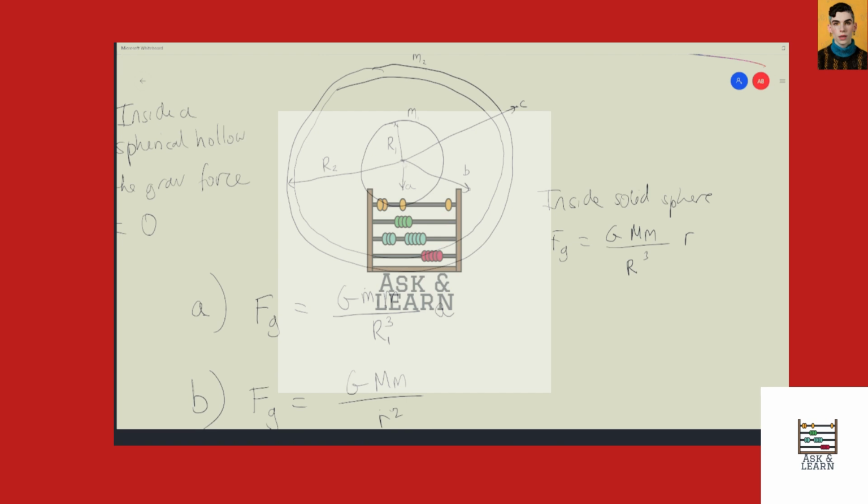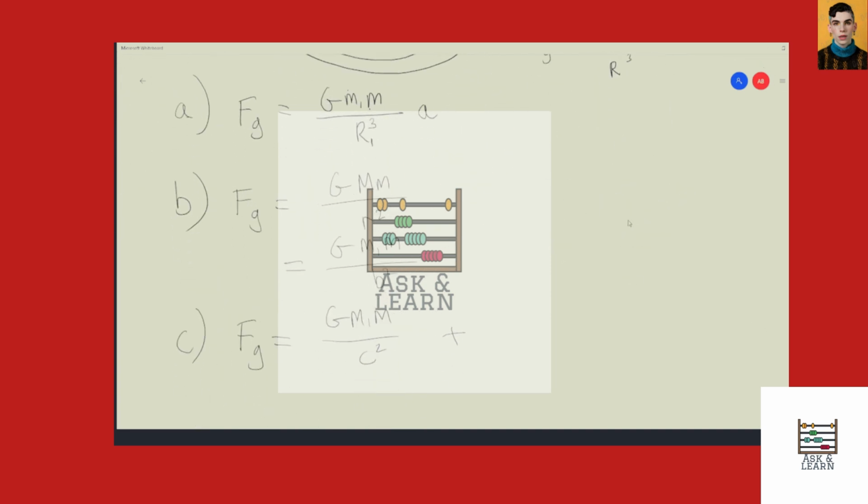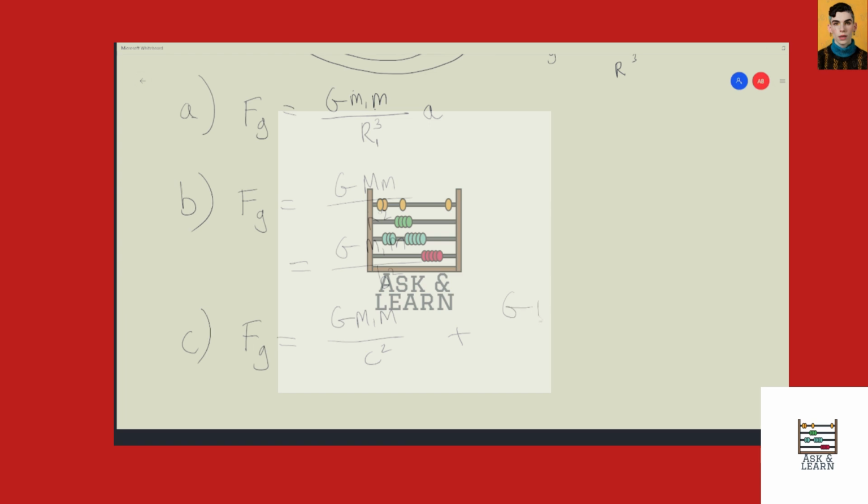In fact, I don't think we need to do that. All we need to do here is again just say G m2 m over c squared, and that is the answer.